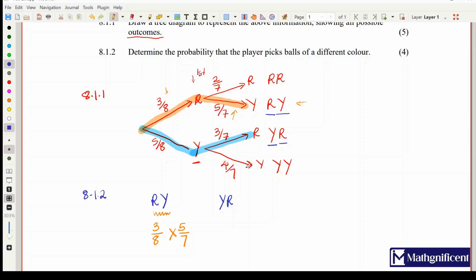Then we know that we have to add the 2 probabilities. Here we have 5/8, which is the probability of first selecting a yellow ball, then a red ball, which is 3/7. So this is the probability of this outcome, while the other is the probability of the other outcome here.